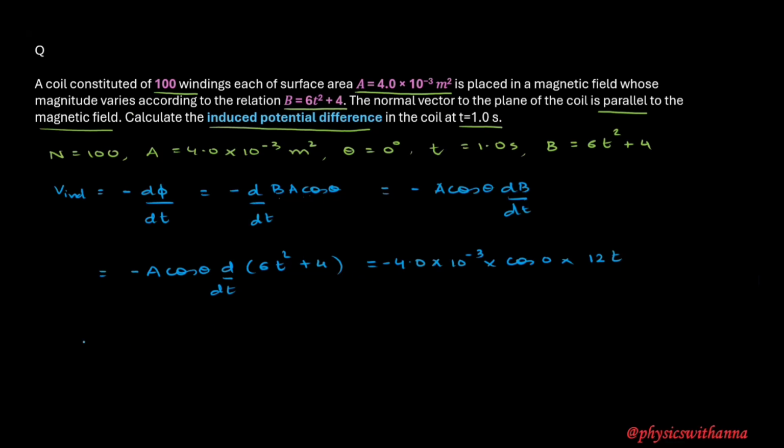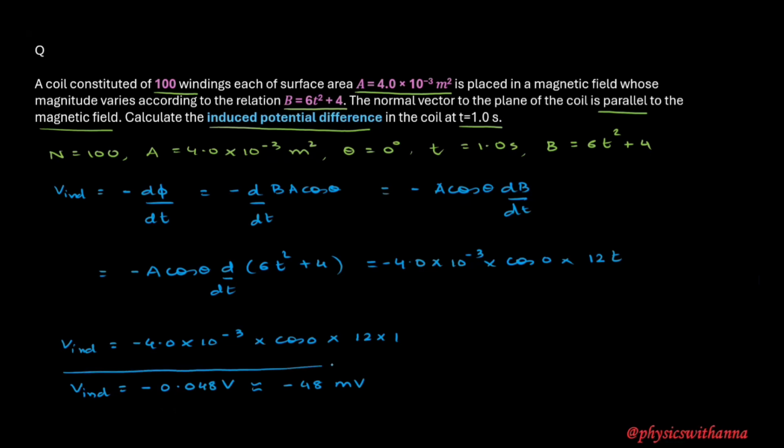Now substitute for time t, you get induced EMF to be equal to negative 4 times 10 to the power negative 3 into cosine 0 into 12 times 1. That gives you the induced EMF as negative 0.048 volt, or you can write this as negative 48 millivolt. The negative sign here only indicates that the induced EMF opposes the change in magnetic flux in the coil.